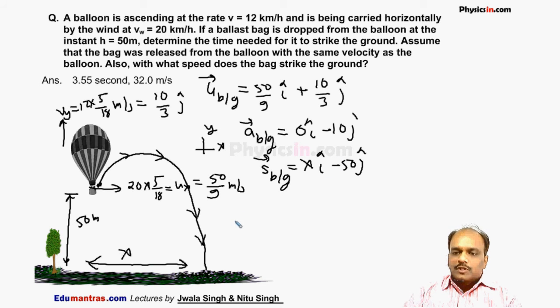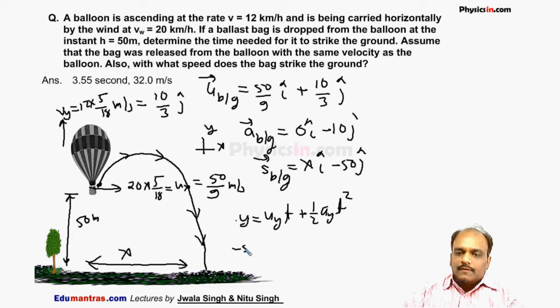Now we know the vertical displacement, so we can say y is equal to uy into t plus 1 by 2 ay into t square. So y is minus 50, uy we know is 10 by 3, so it is 10 by 3 into t plus 1 by 2 ay, means minus 10, into t square.